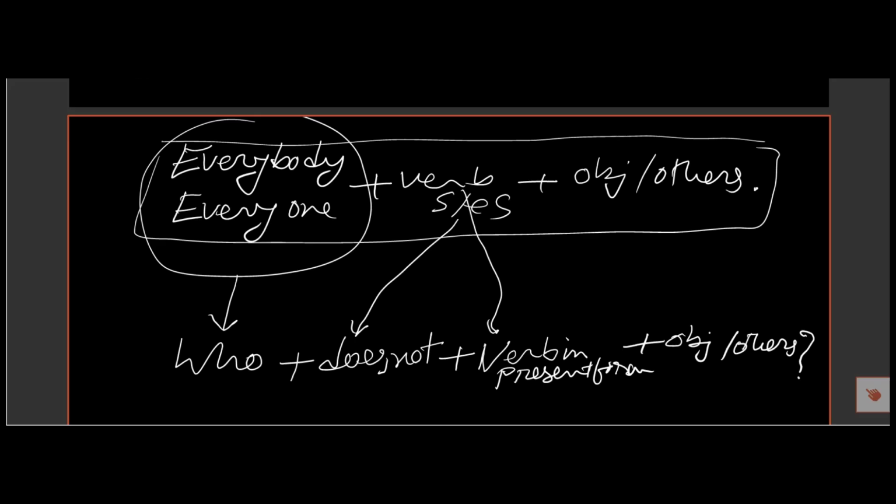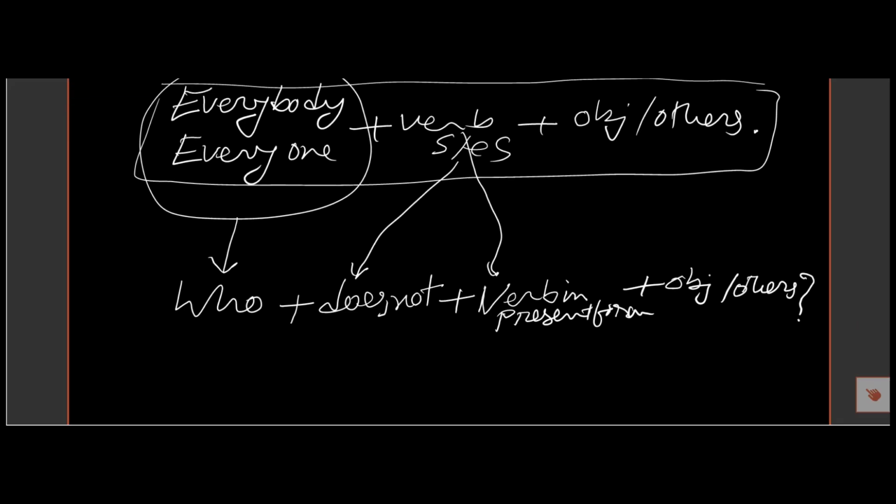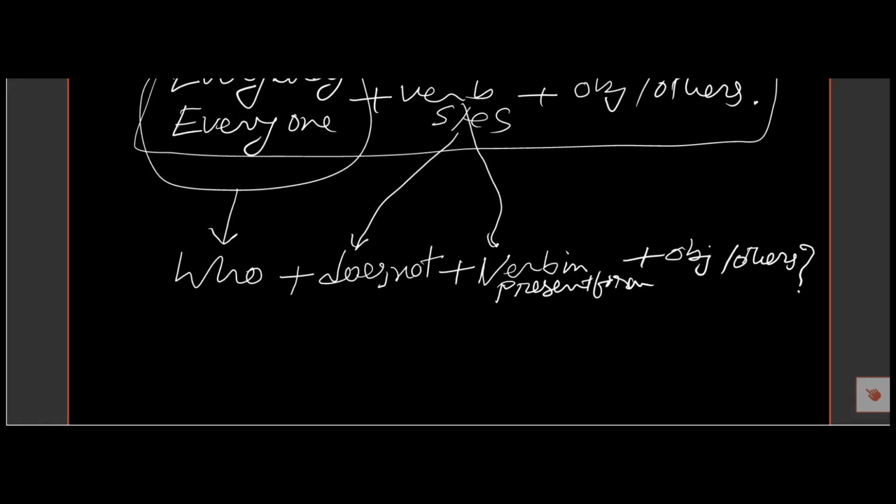So this is the structure if the sentence begins with everybody or everyone, and the interrogative sentence will be in that structure.